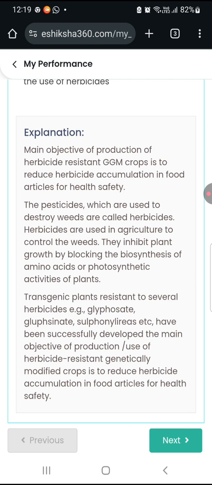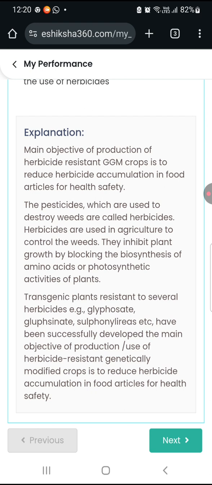Herbicides are used in agriculture to control the weeds. They inhibit plant growth by blocking the biosynthesis of amino acids or photosynthetic activities of plants. Transgenic plants resistant to several herbicides, for example glyphosate, glufosinate, sulfonylureas, etc., have been successfully developed.